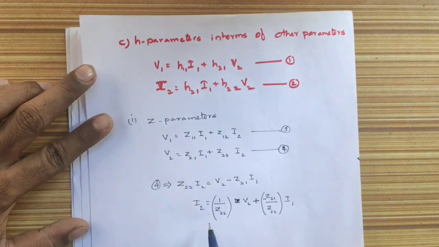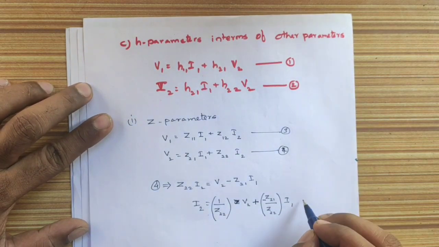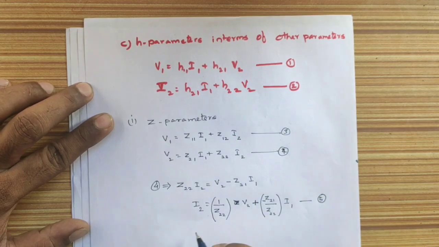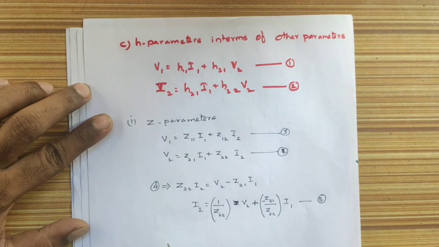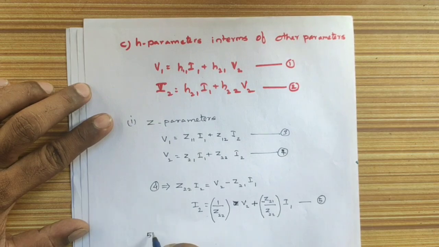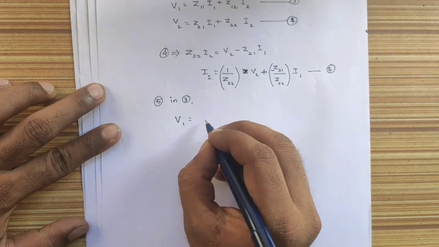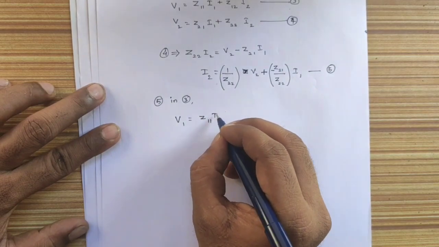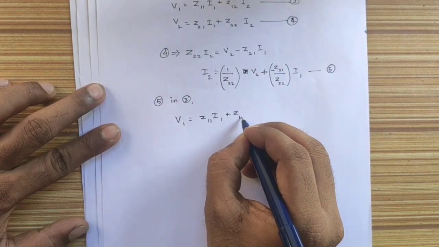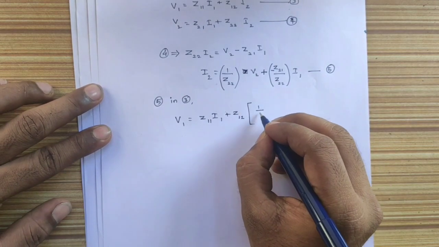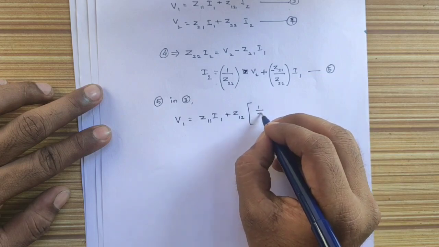So now I am taking this as equation number 5 and I am going to substitute equation number 5 in 3. So V1 equal to Z11 I1 plus Z12, and in the place of I2 I am writing equation number 5.